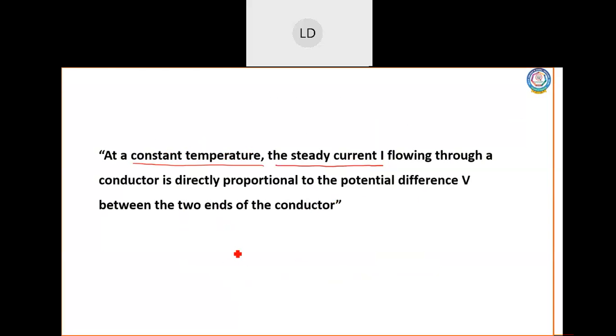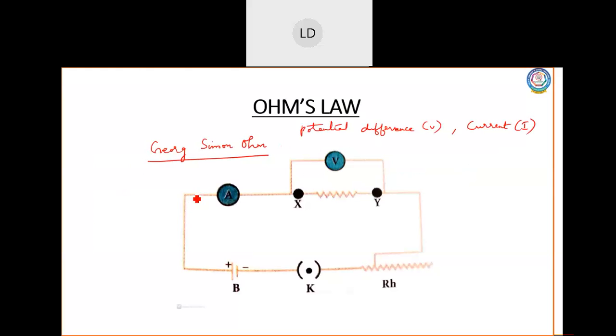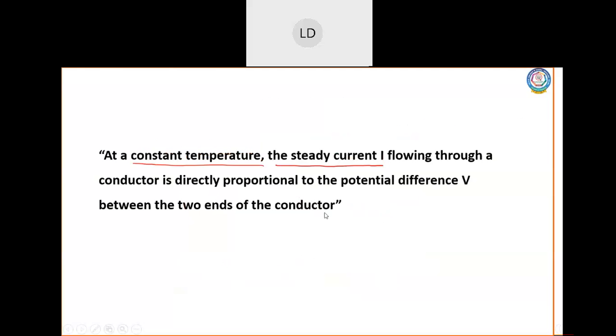So the steady current flowing through a conductor. Imagine this to be a conductor. Actually this is a nichrome wire we have taken first. Now I allow current to pass through the conductor.